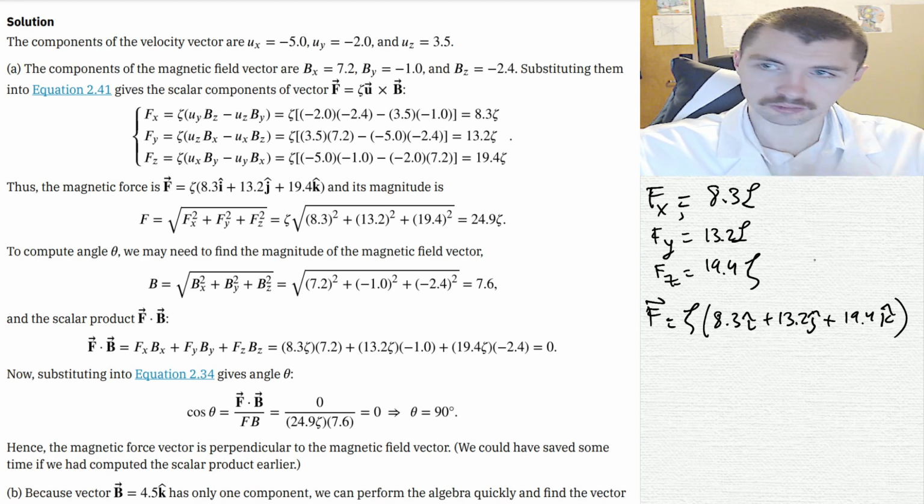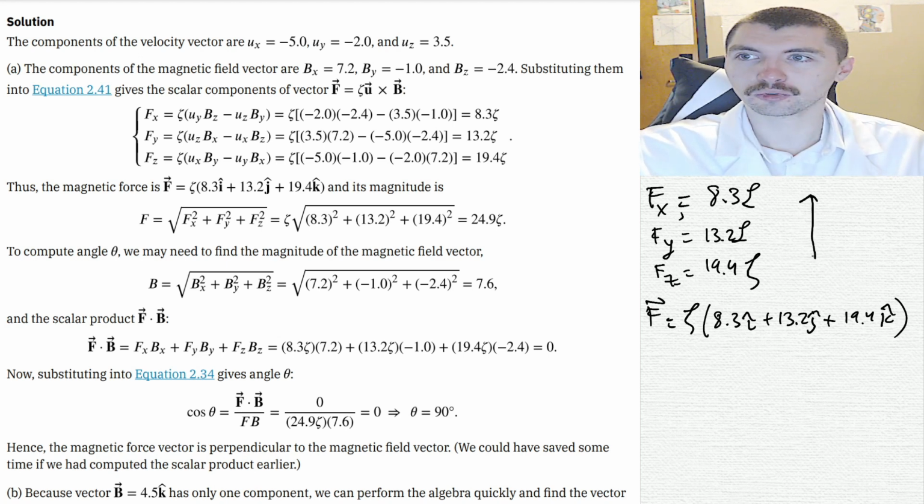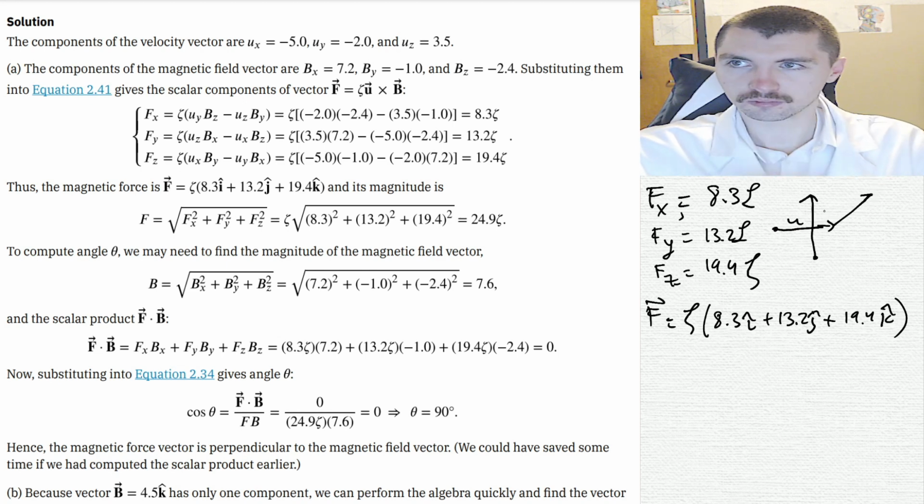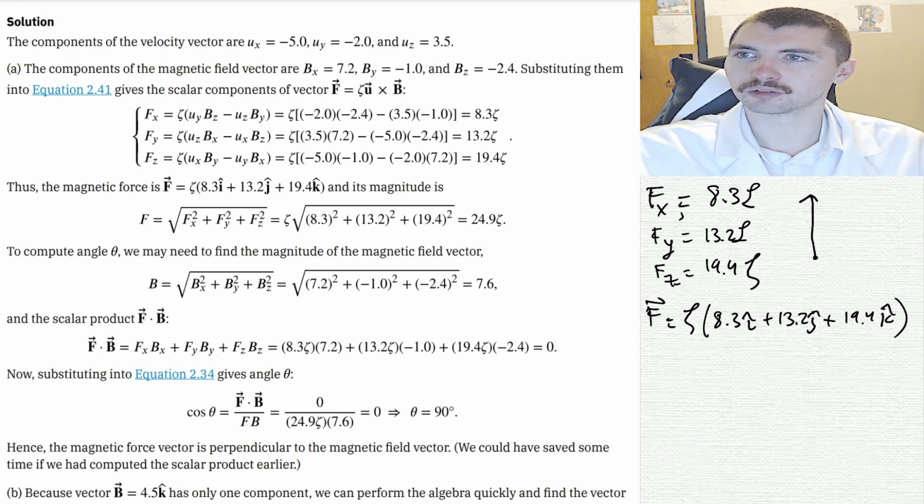So we have found this by knowing U cross B. So let's draw it like this, U. So we found F by finding the cross product of these two.